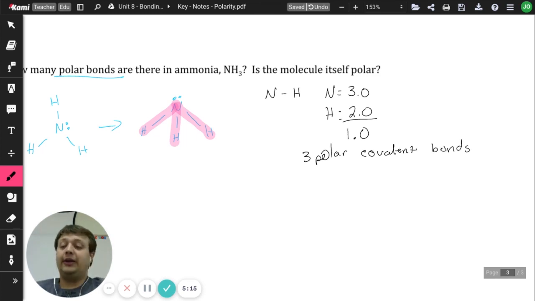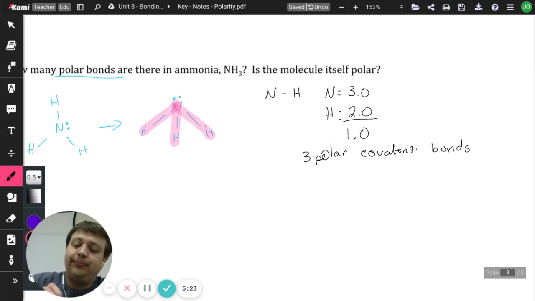Now, what I need to do is I need to see, is the molecule itself polar? So for that, I need to keep in mind what direction those electrons are moving. So in this case, nitrogen has a higher electronegativity, so those electrons are going to move towards nitrogen, which would make it slightly negative and the hydrogen slightly positive. Again, moving towards my nitrogen, making it slightly positive.